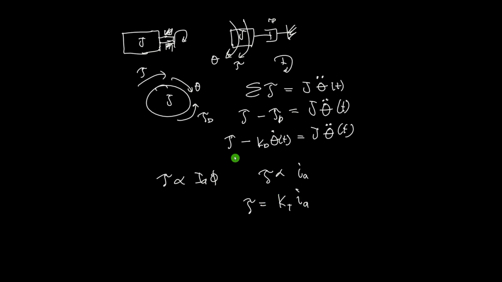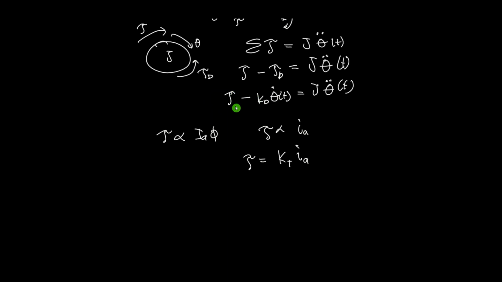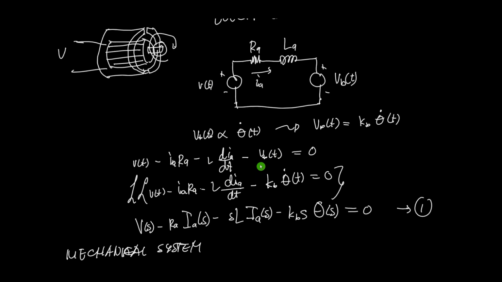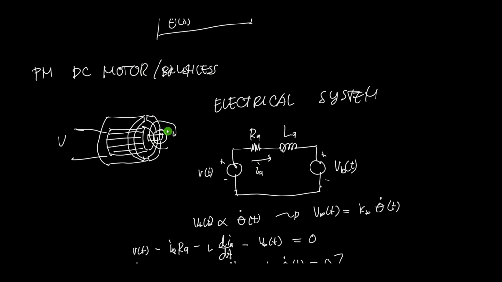And we can substitute this into our system so that we can remove the tau, because we don't want the tau in our equation. Remember, I forgot to tell you, the input is the voltage V, and you can set the output to be the angular displacement theta. You can also use the angular speed or the angular acceleration if you want.